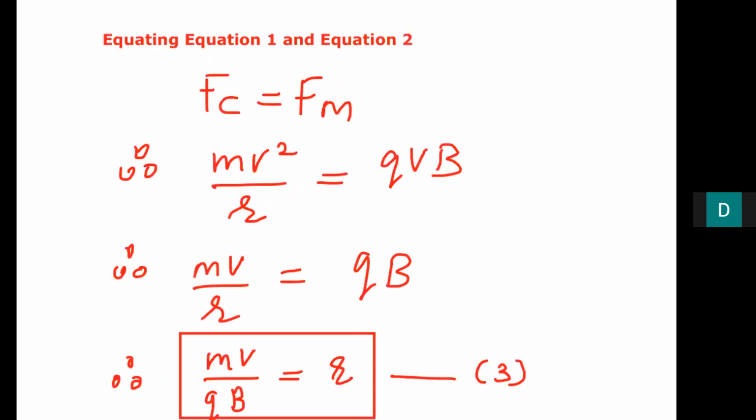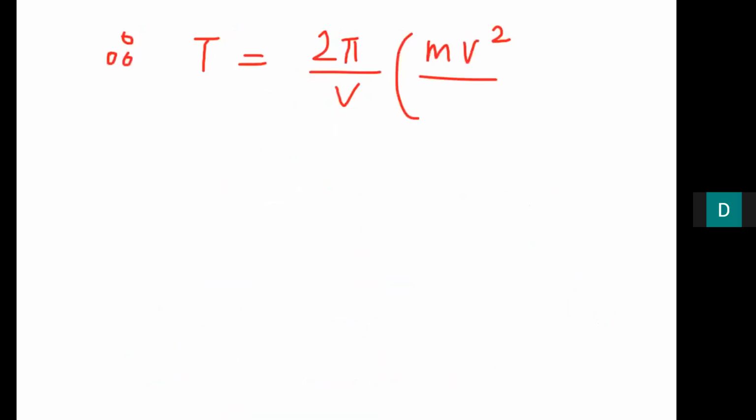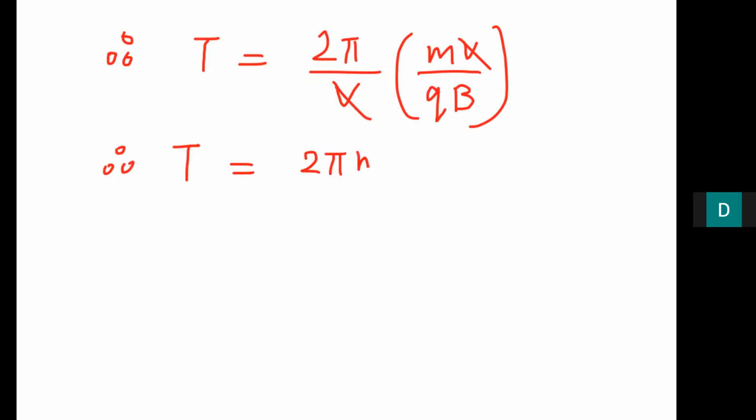This equation is what we are supposed to substitute, so I'll be substituting it as mv upon qb. We'll be cancelling v. Therefore t is going to be 2 pi m upon qb.